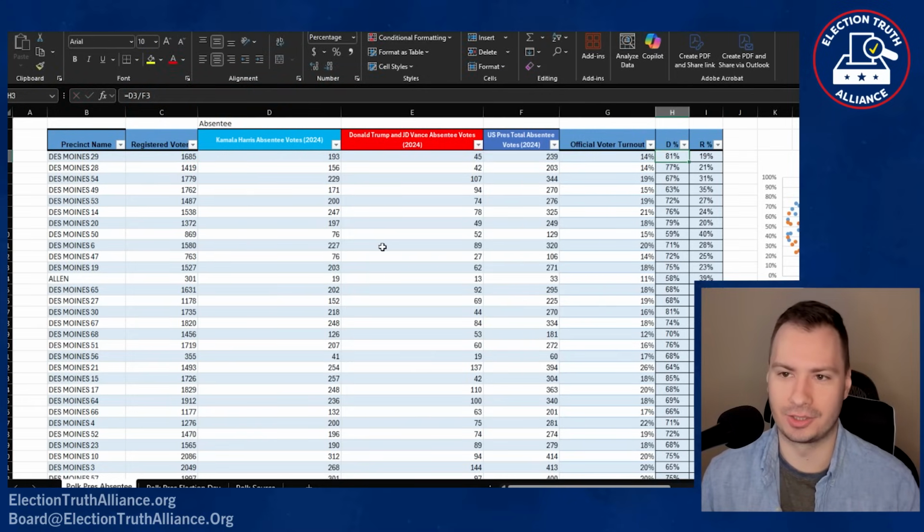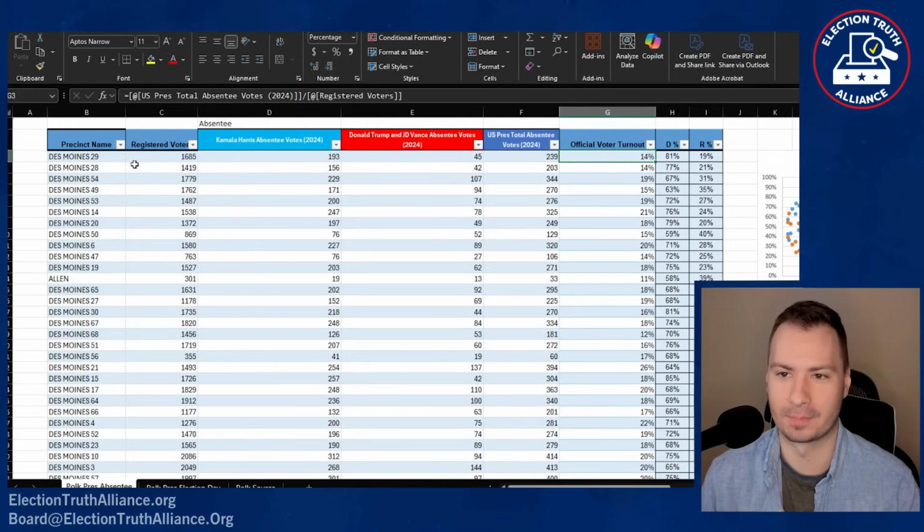And then the percentage of those votes is calculated for candidate A, in this case Harris, by dividing from 239, which is the total absentee votes. And this will get you the percentage of votes across that precinct. And this will get you the turnout of that precinct.